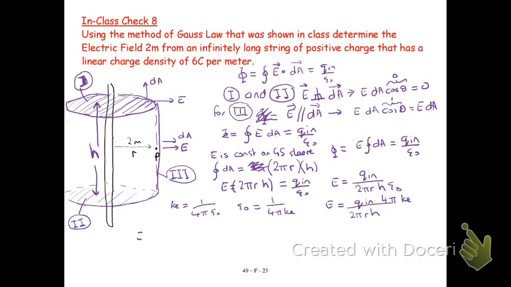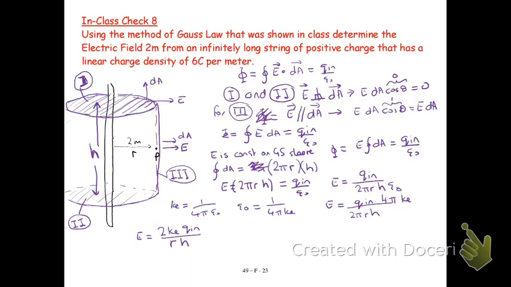So E is equal to, 4 pi over 2 pi is 2, KE Q inside over, that 2 pi went away, r h.